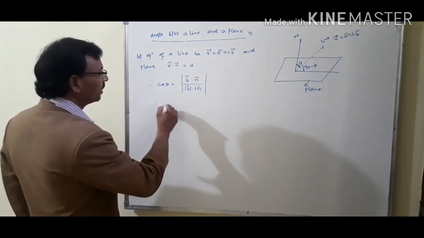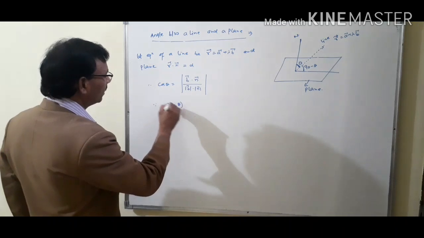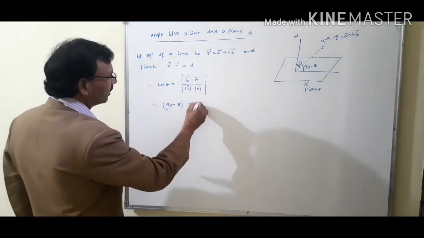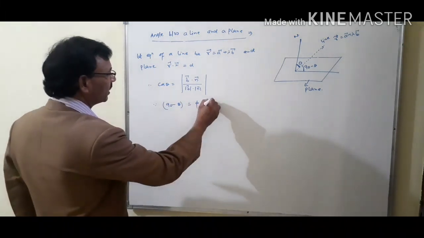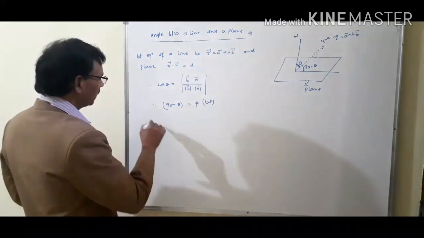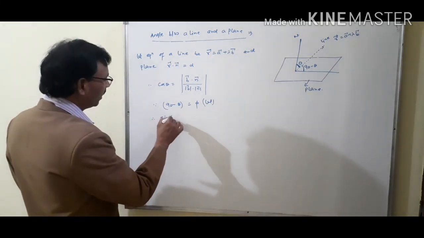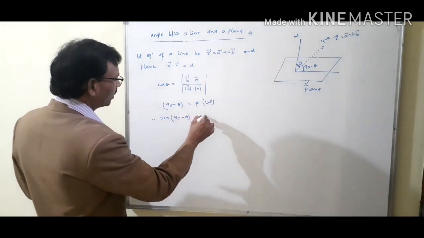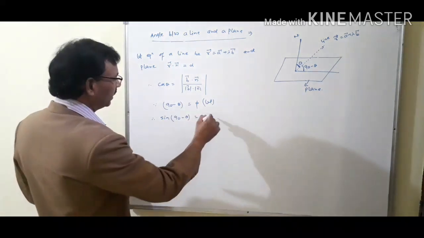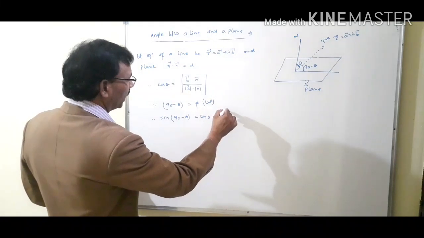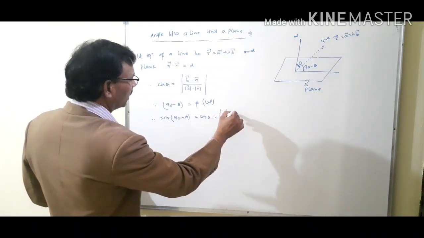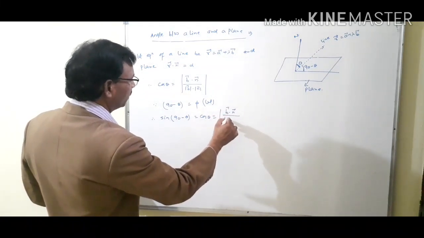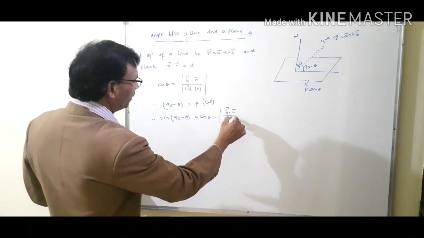Let us suppose 90 minus theta is denoted by phi. Therefore sine of 90 minus theta equals cos of theta, and this will be equal to magnitude of b dot n upon magnitude of b magnitude of n.